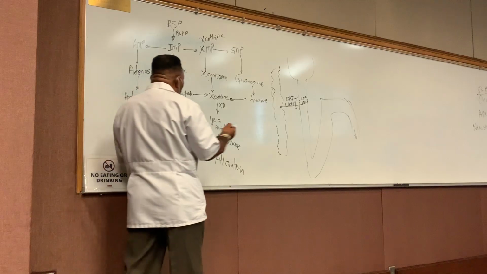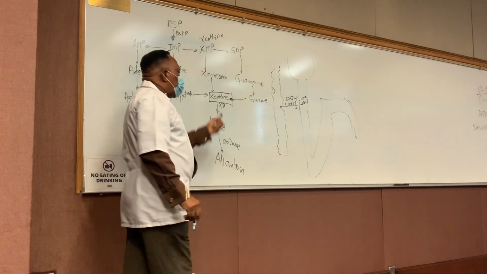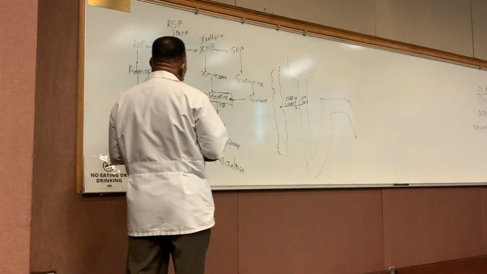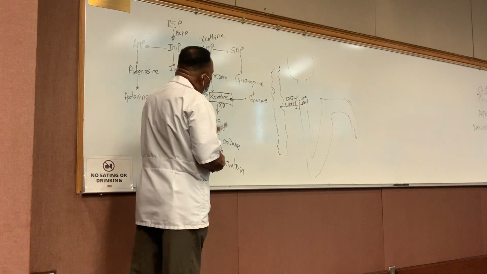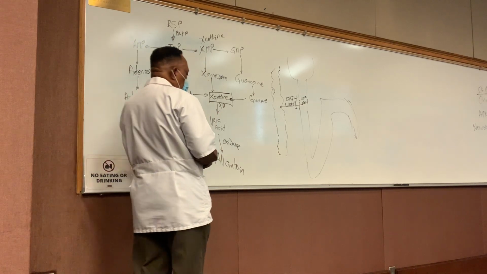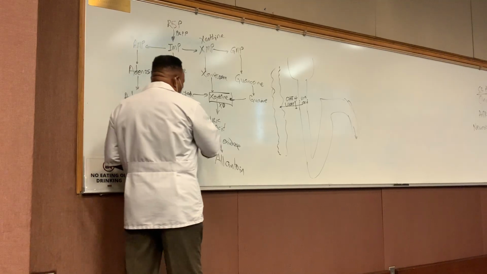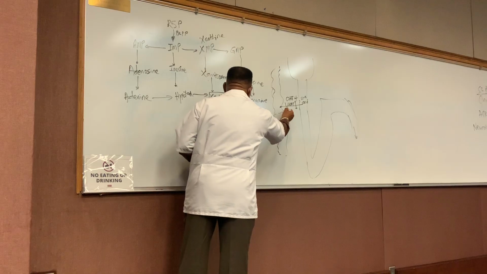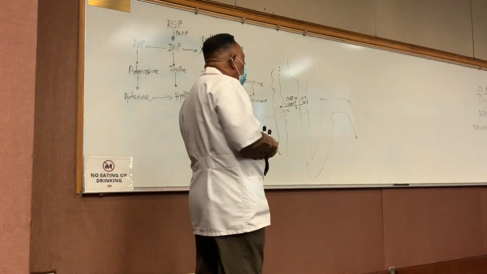So this is eventually where they would all end up. And the xanthine oxidase can then form uric acid, and uric acid would go into the renal system.